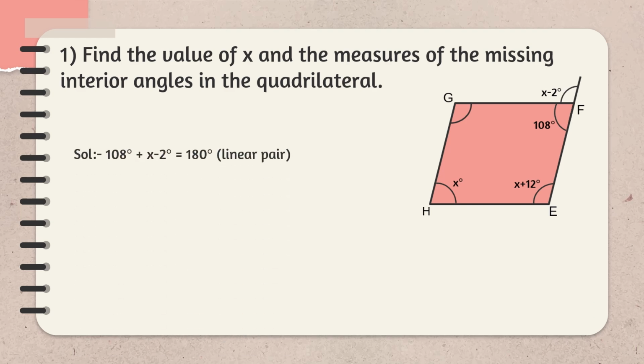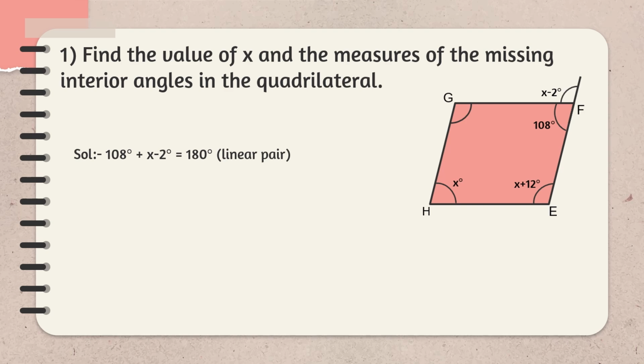So when you add 108 degrees plus x minus 2 degrees, it is equal to 180 degrees, because it's a linear pair, and linear pair angles add up to 180 degrees.